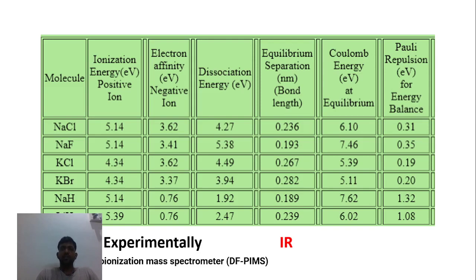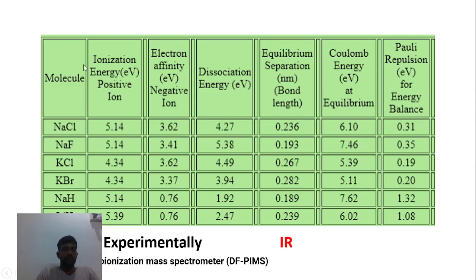The dissociation energy you can calculate using DFT calculations, or measure experimentally. The equilibrium separation you can find with rotational spectroscopy, and the Coulomb term you can easily find using the formula.